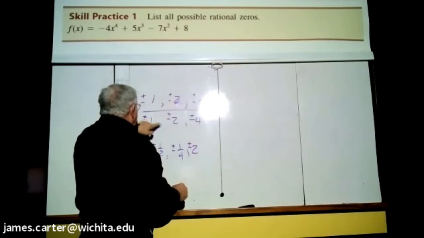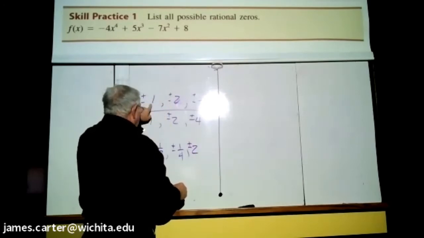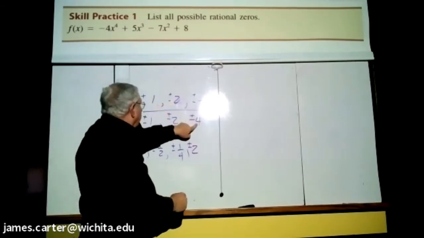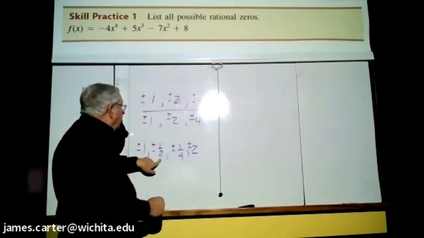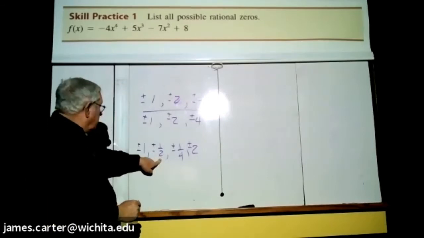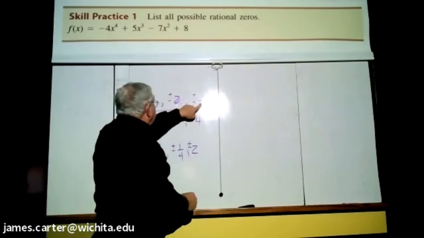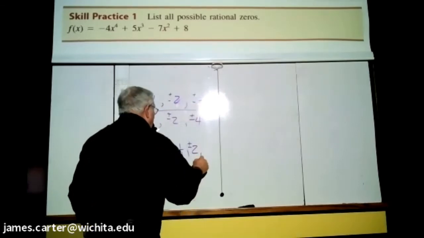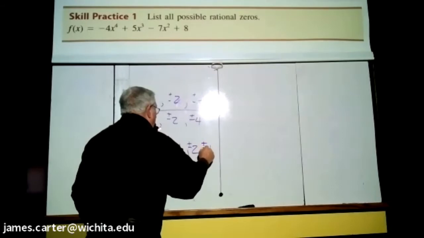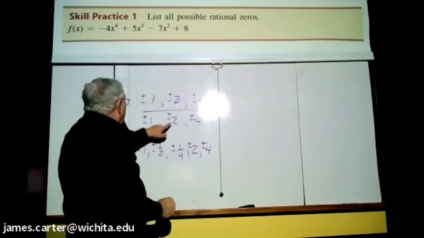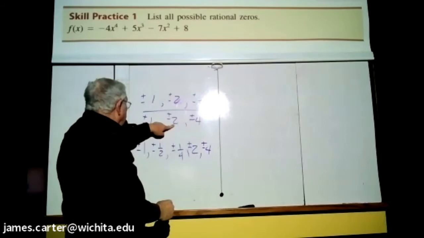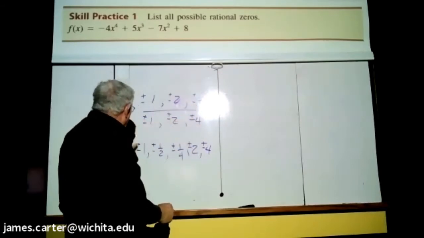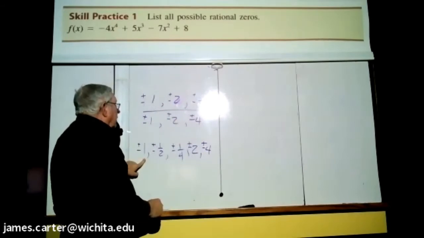And 2/2 is 1, and I've already got it. 2/4 is 1/2, and I've already got it. Now we move to this 4. 4/1 is 4. Okay, 4/2 is 2, and I've already got it. 4/4 is 1, and I've already got it.